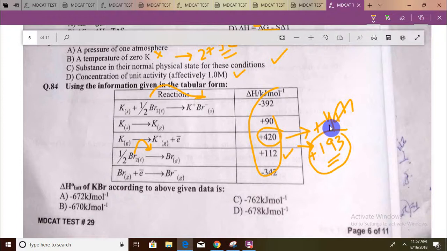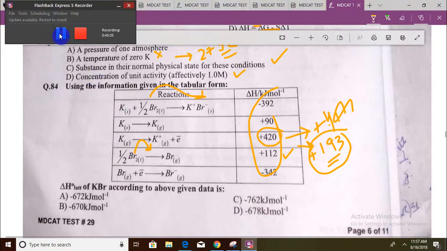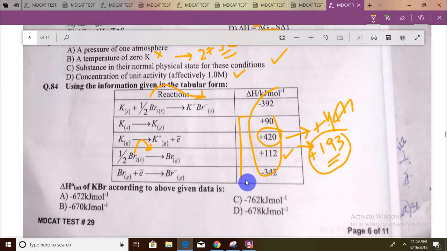So this is a bit problematic. So the problem has been resolved. What you have to do is add these up, and then subtract these from this. So that is how you will get the answer. We had a bit of a problem over here, but it's been resolved now.